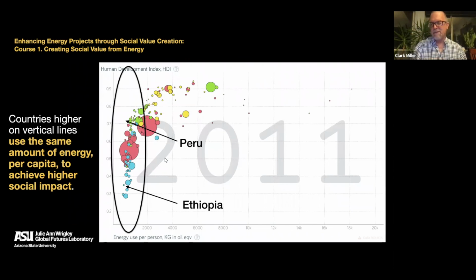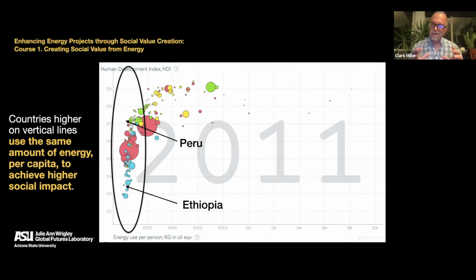If you think about this left-hand axis, where this is rising very rapidly at relatively low levels of energy use per capita, we often see that we get vertical lines when you start measuring this, not just a slope if you average everything out. But actual cases where countries are using the same amount of energy per capita and delivering a lot higher levels of human development with that energy.